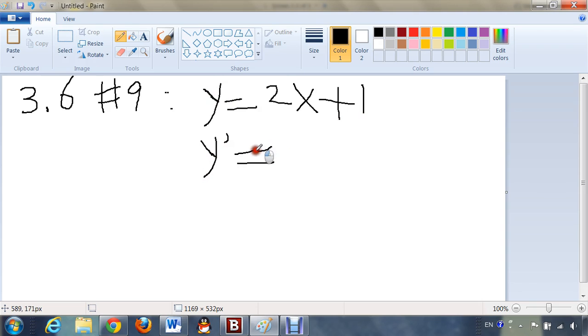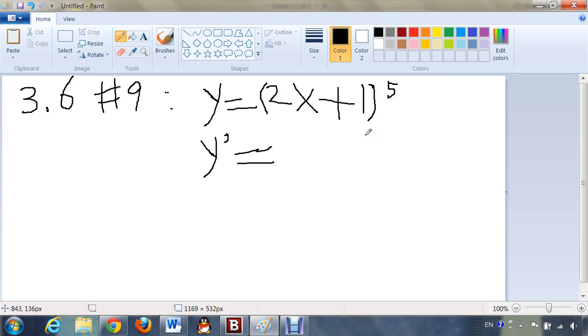Pretty simple. It's the same thing that you've been doing in implicit differentiation. You always take the derivative of both sides. So this is y prime, and oh wait, actually the question is 2x plus 1 to the 5th power.